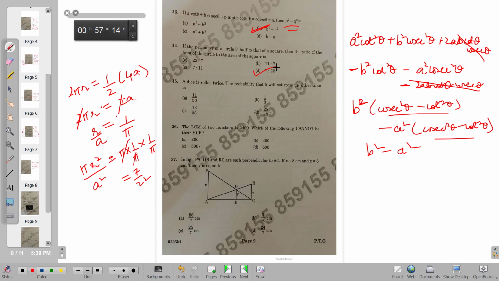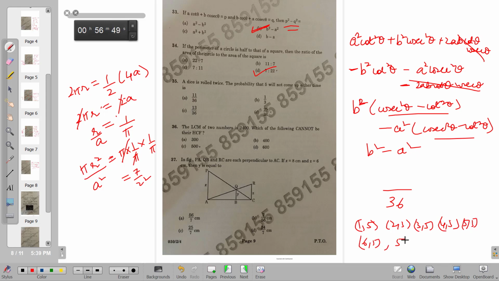35th, a dice is rolled twice. So total number of outcomes would be 36. What is the probability that 5 will not come up either time? First we'll check which are the possibilities where 5 comes. So 5 coming could be 1 5, 2 5, 3 5, 4 5, 5 5, 6 5.